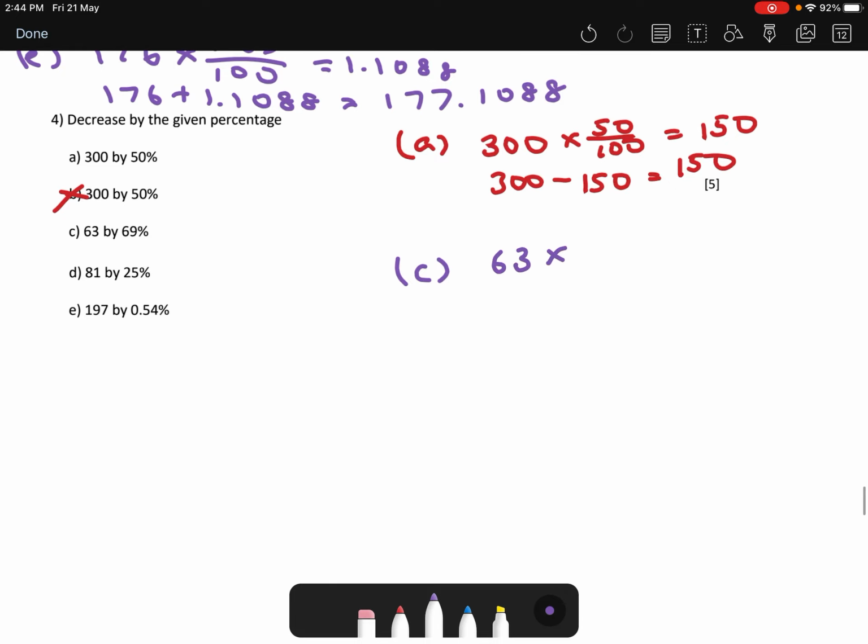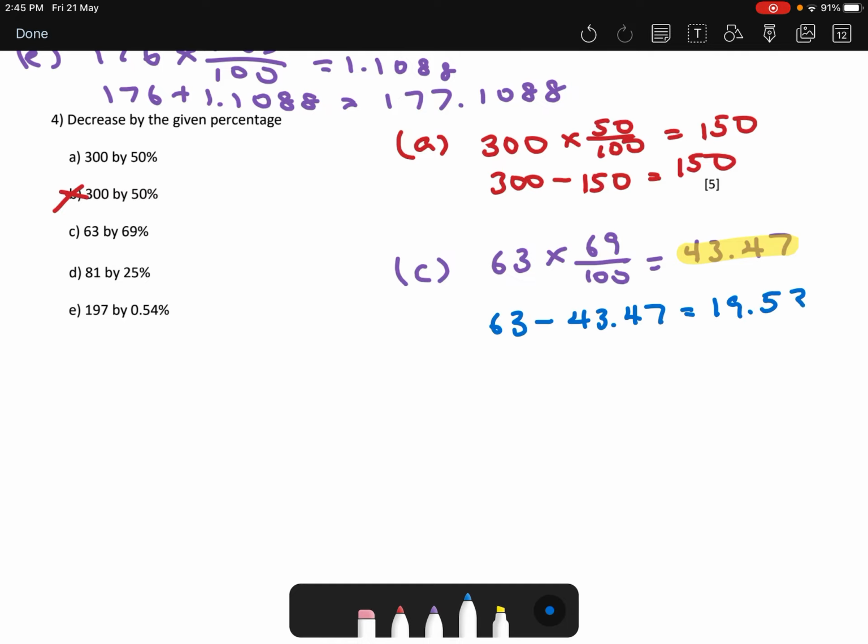So 63 times 69 divided by 100. You should get about 43.47. So this is how much I decrease. So 63 minus away 43.47, you should get about 19.53.